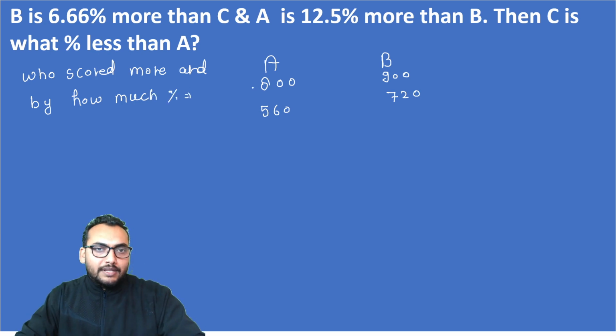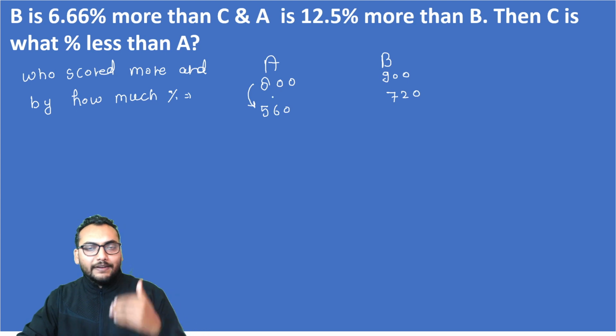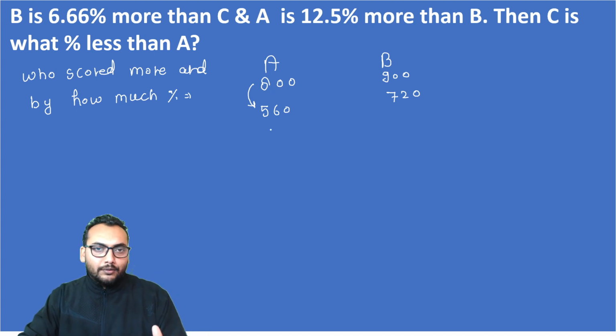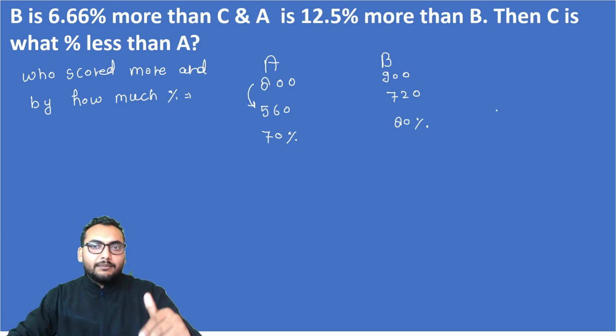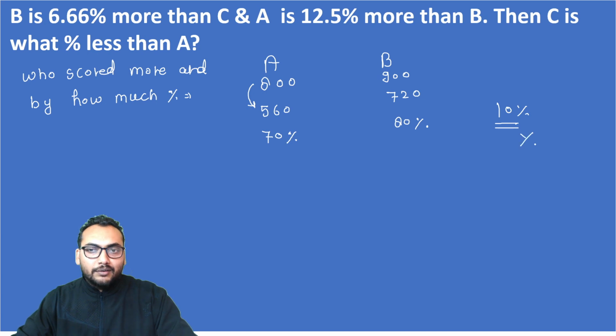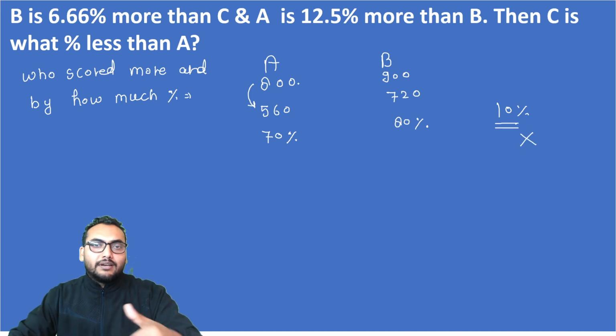So basically, I'm sure that you find out the percentage, right? It is 70% and it is 80%, right? Now I'm sure that you will be saying that B scored 10% more than A, but it is wrong. Why is it wrong? Because it is 560 out of 800.